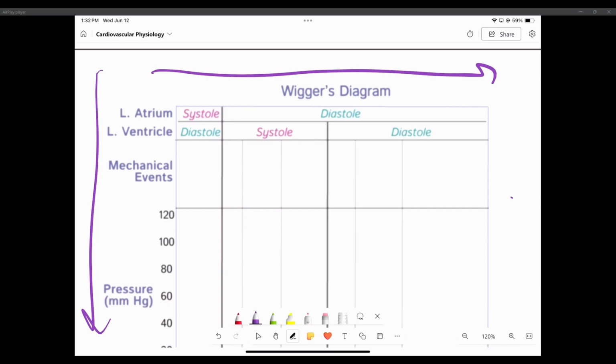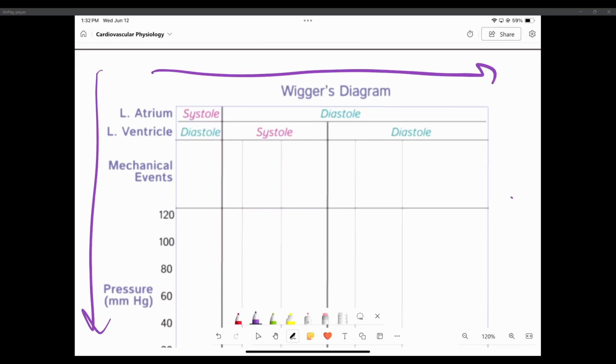So let's start labeling the mechanical events that happen during ventricular systole. What is the first thing that happens during ventricular systole? Isovolumic contraction. Remember, this is systole, so we're starting to generate a squeeze.